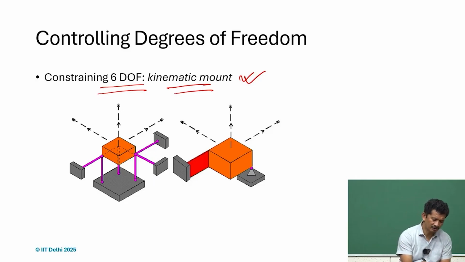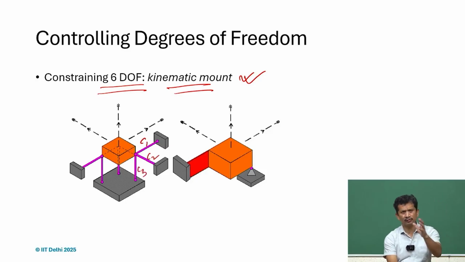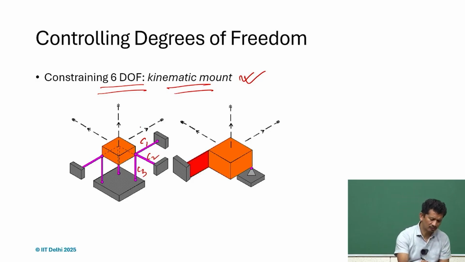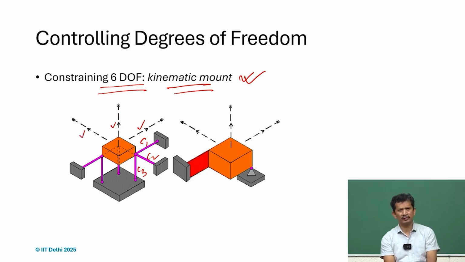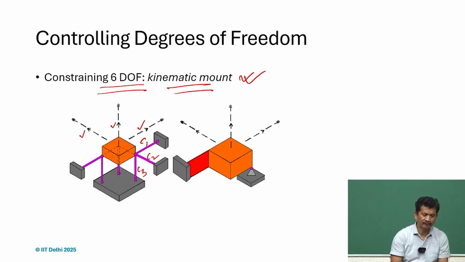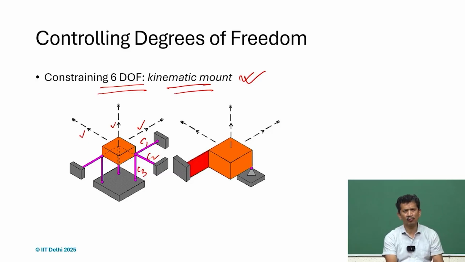One way is again to go by C1, C2 and C3. C1, C2, C3 will provide 3 constraints, all the 3 translation constraints. Once you want to constrain the rotation, we provide another constraint parallel to one of these C1, C2 and C3, but perpendicular to the axis.